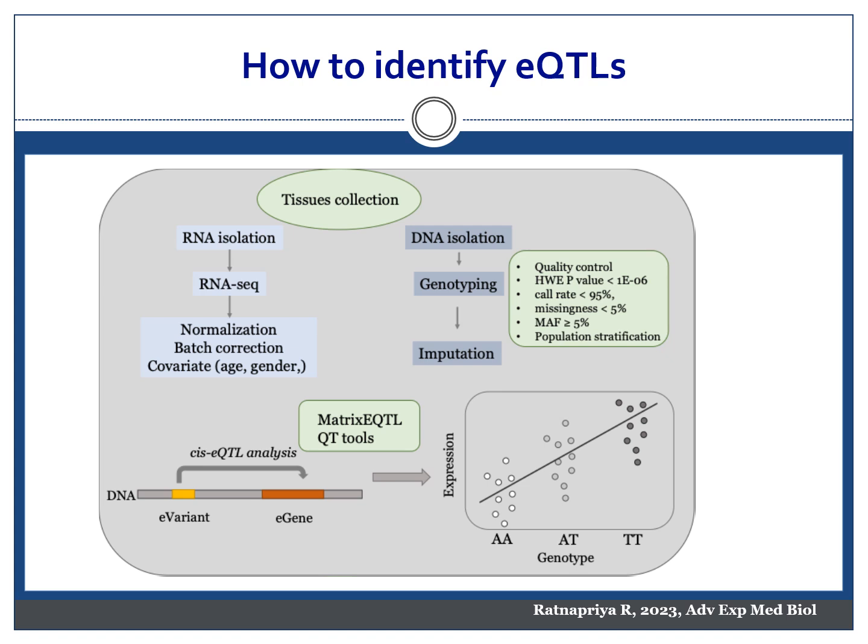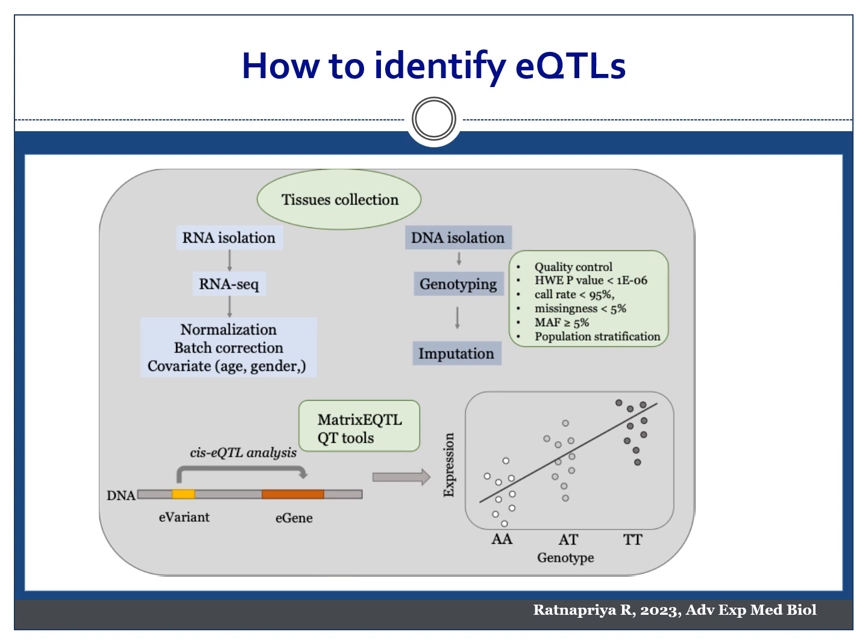From the DNA side, you will be isolating the DNA, performing the genotyping either by SNP array or genetic sequencing, followed by imputation. Once you have both the RNA sequencing and the genotyping data available, you can apply different tools, for example, Matrix eQTL or QTLtools, and then you will find the cis eQTL for each and every variant and perform statistical analysis to find the variants that are, at the genome level, regulating the gene expression.